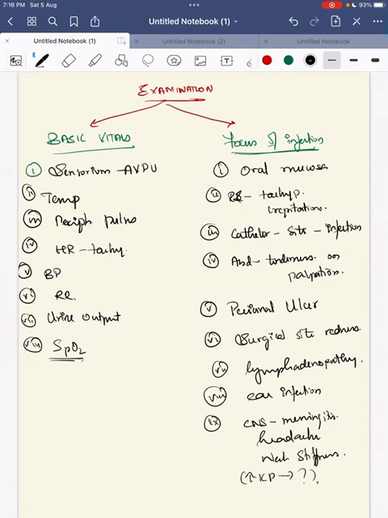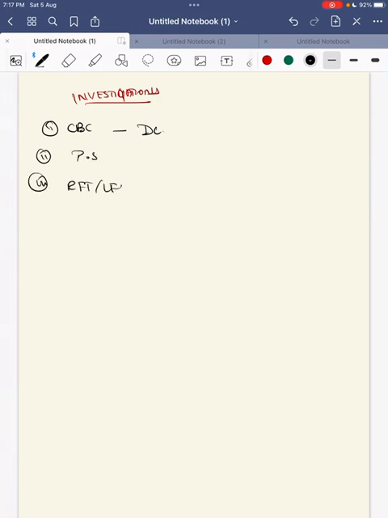Next, investigations. So going on with the investigations. First will be, as usual, complete blood count with a differential count, peripheral smear. Next you will be looking for RFT, LFT, serum electrolytes.